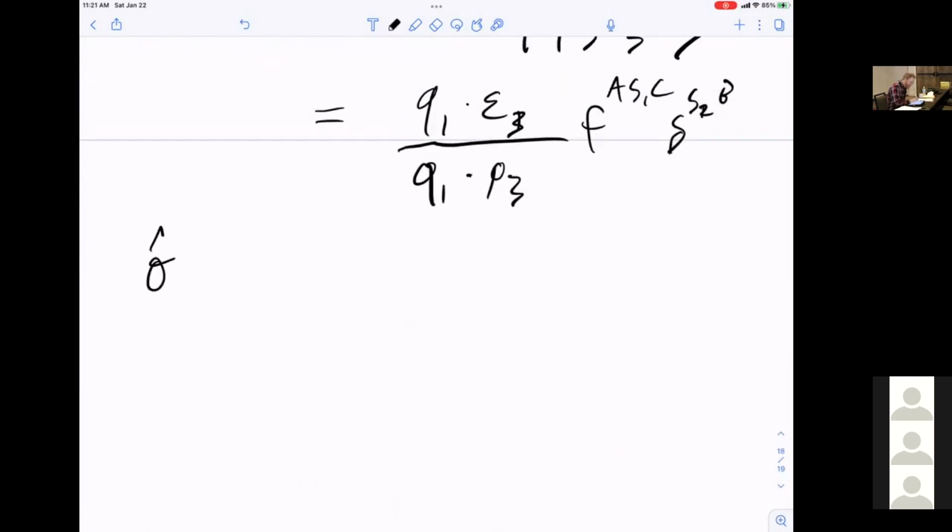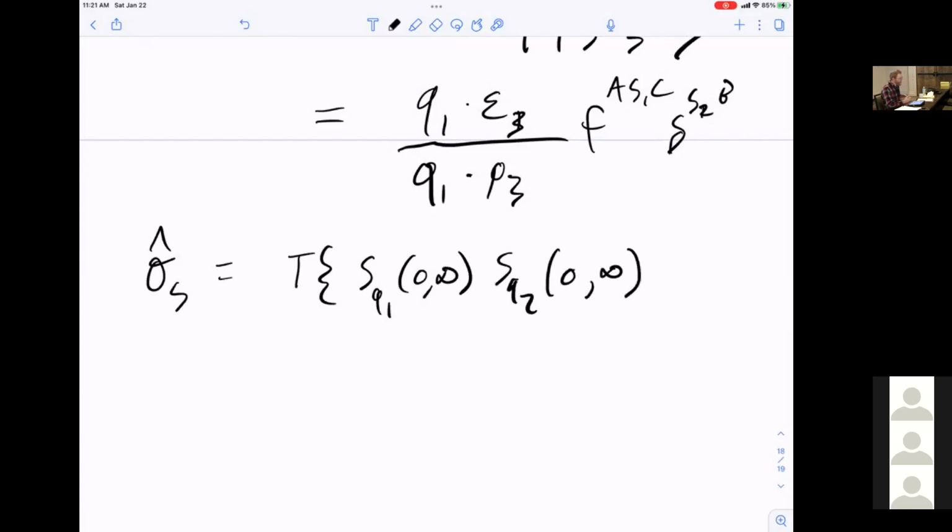So great. We now know what the soft operator is, and that gives us tremendous power. Because I figured out what that soft operator is with just one emission, but now I can dress this thing with an arbitrary number of emissions, and it will describe them all at leading power.